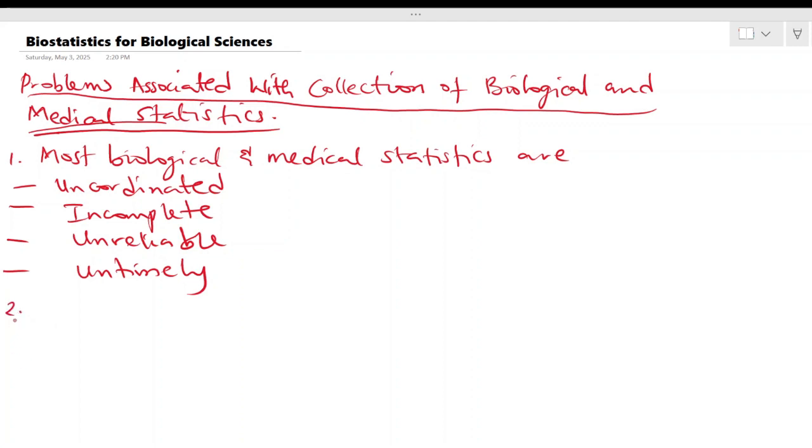Another major problem we want to look at is the lack of proper communication between users and producers of biological and medical statistics. So communication is key.